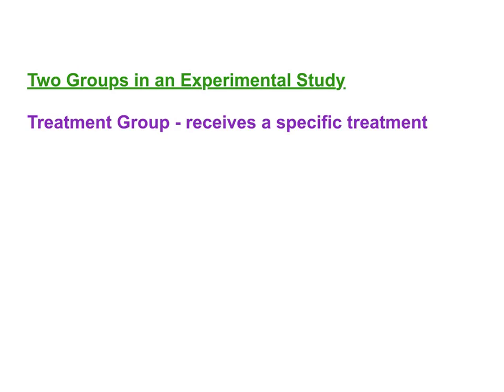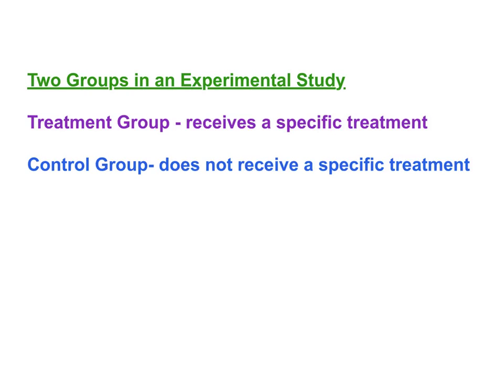And in the medical field, they are receiving some type of treatment. Maybe it's a drug. Maybe it's an environmental change. And you've already mentioned the other one, and that is the control group.